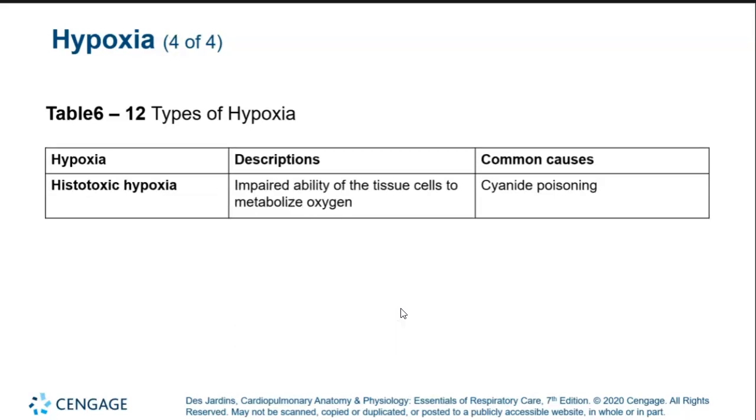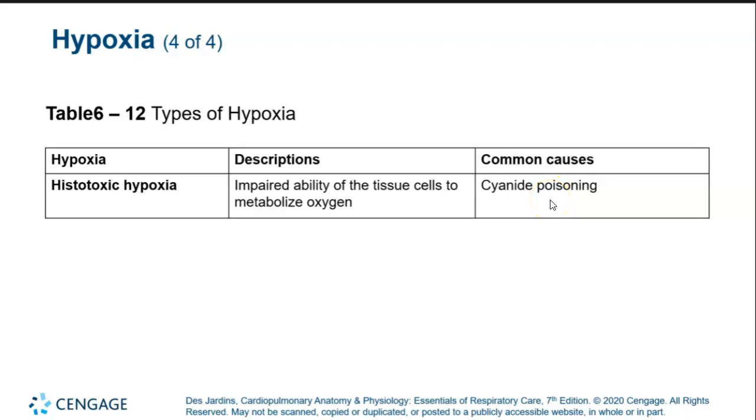Histotoxic or toxic hypoxia is where your tissues have the inability to metabolize the oxygen. The best example of that is cyanide poisoning. People are always like, who's running around getting poisoned by cyanide? When am I going to run into those patients? But you really have to watch for cyanide poisoning in your smoke inhalation patients.